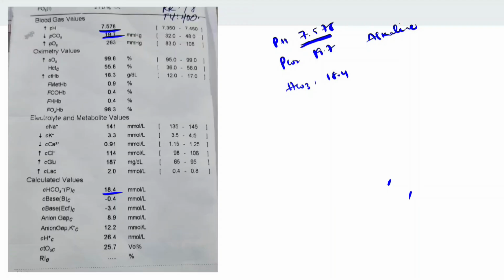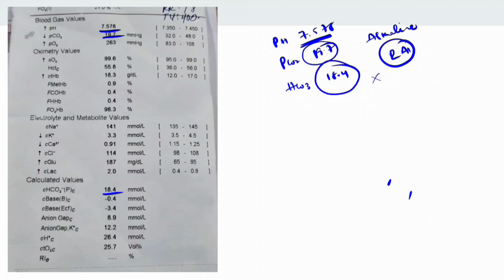To get metabolic alkalosis, the bicarbonate should be more than 26, but it is 18.4, so it is clearly not metabolic alkalosis. Next we have PCO2 19.7. When the PCO2 is less than 35, it is alkalosis, so it is respiratory alkalosis.